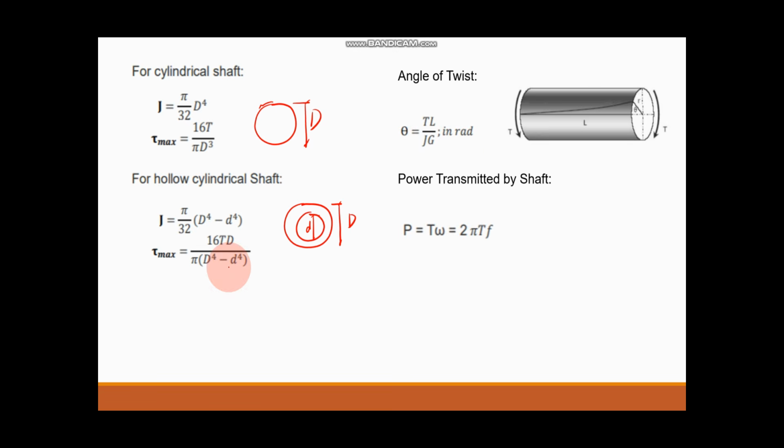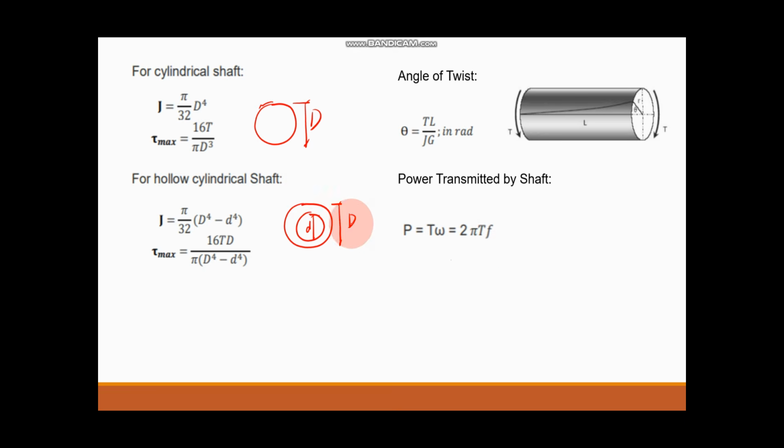And the power transmitted by the shaft can be derived using this formula, in which P is the power expressed in watts. It is equal to the torque multiplied by the angular speed, or can be derived as the product of 2 pi multiplied by the torque multiplied by the number of revolutions per second.